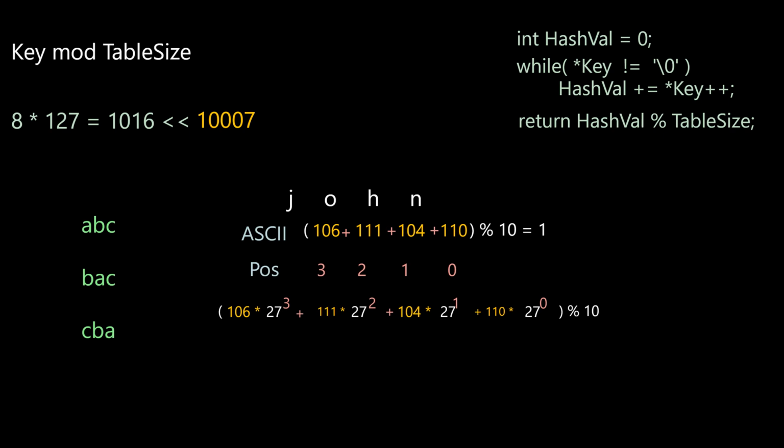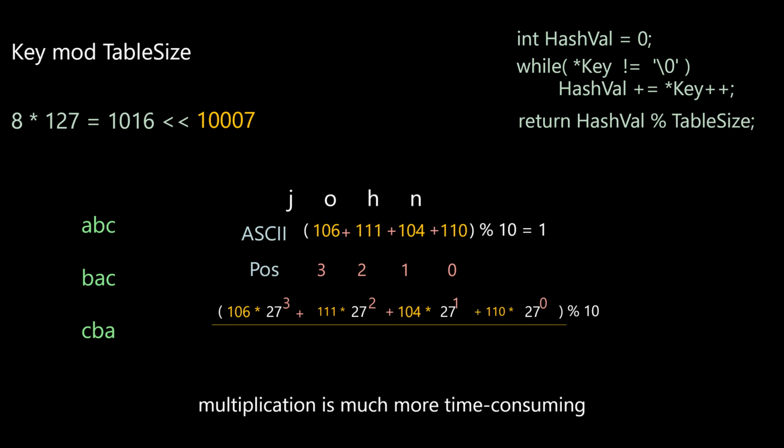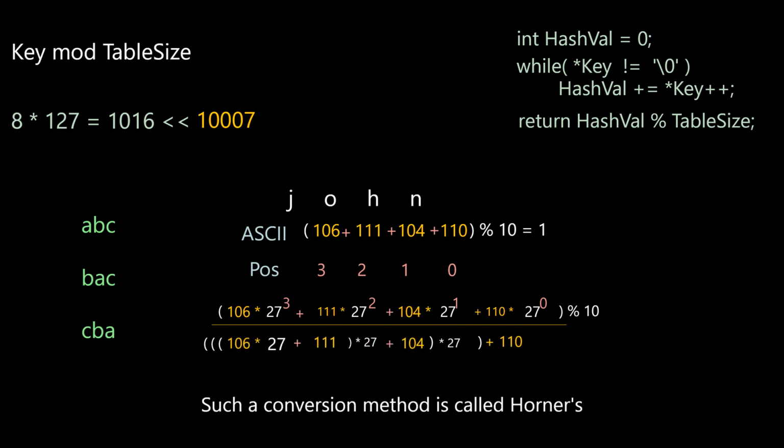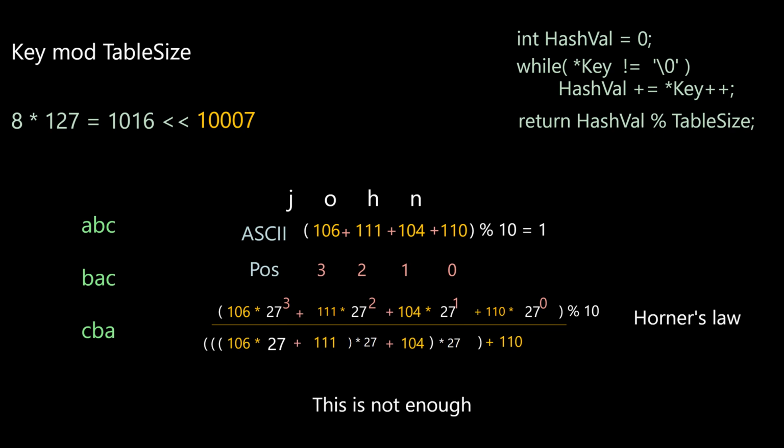In this way, better distribution is achieved. However, there are many multiplications, and for computers, multiplication is much more time-consuming than addition. Therefore, it is much better to convert this formula into this form. Such a conversion method is called Horner's rule.